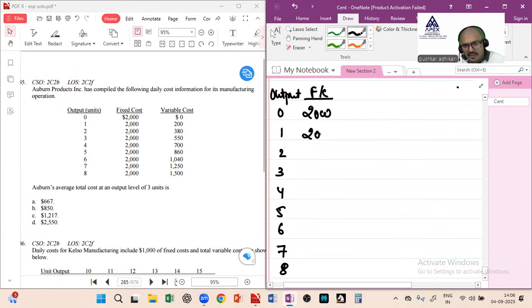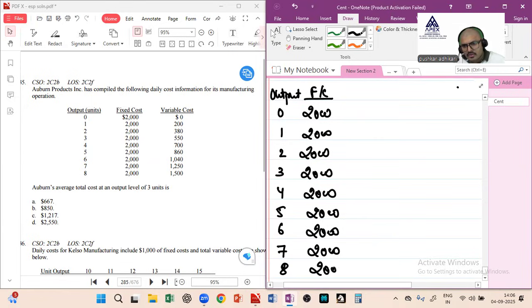Let us patiently write that down first. Now let's write down the variable cost, 0. Let's write total cost. Total cost will be 2000. Here it is 200, so 2200. Here 380, so 2380.